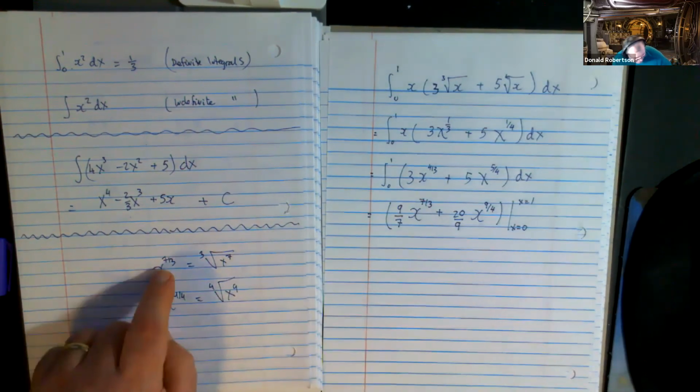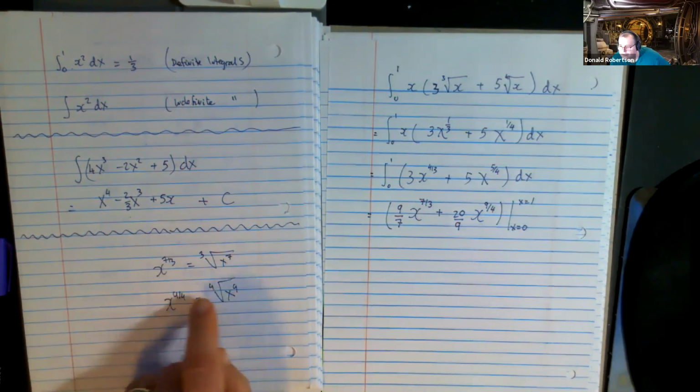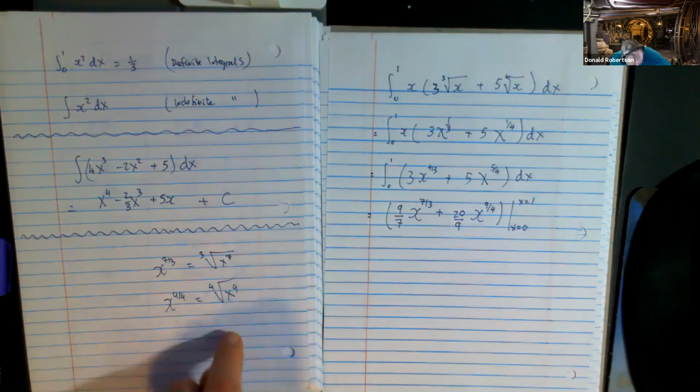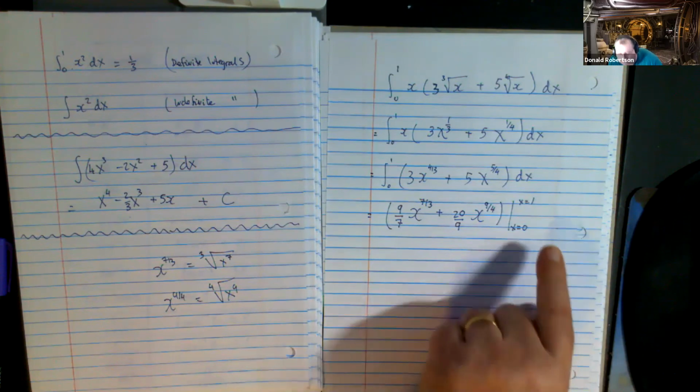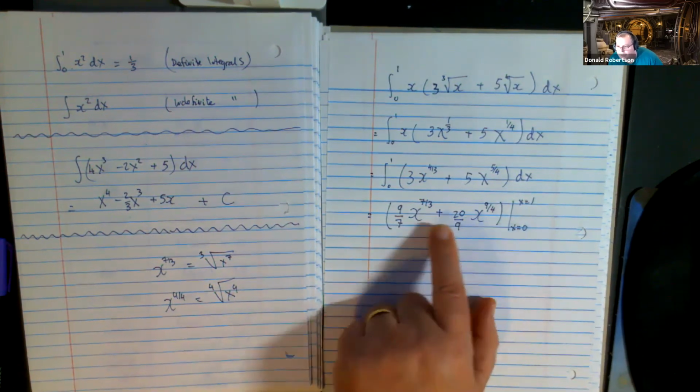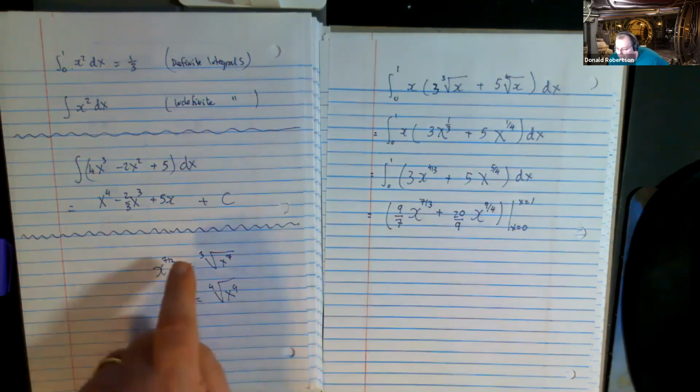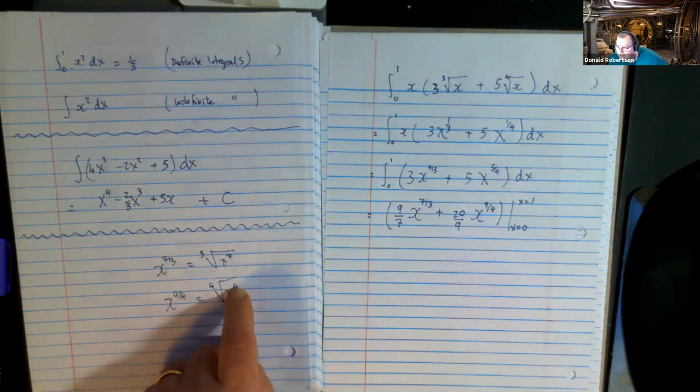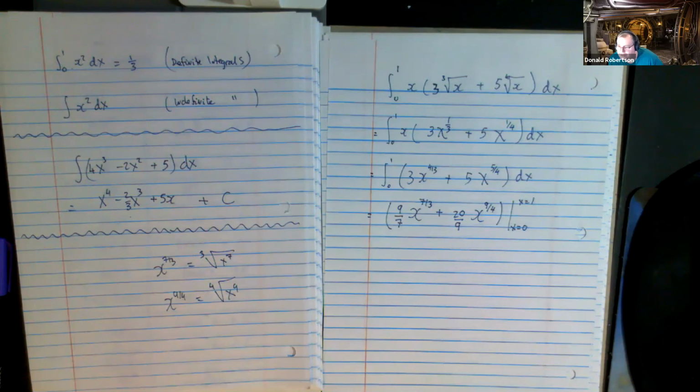Are you happy about how fractional powers become radicals? And normally I would do that, except there's always exceptions. Would you agree that the number 1 and the number 0 can be calculated quite easily without resorting to doing this? And since I'm only interested in the numerical answer, I'm allowed to do that.